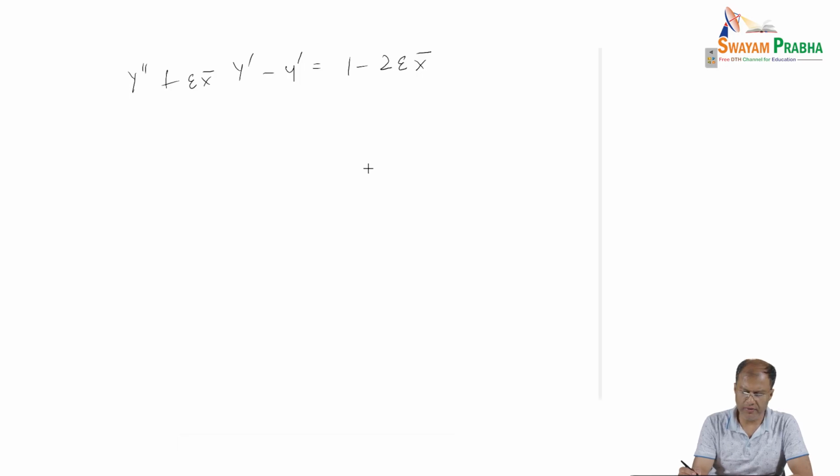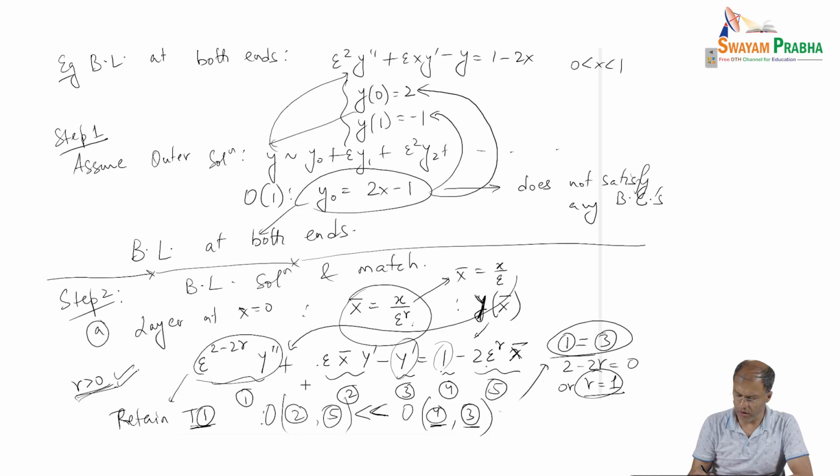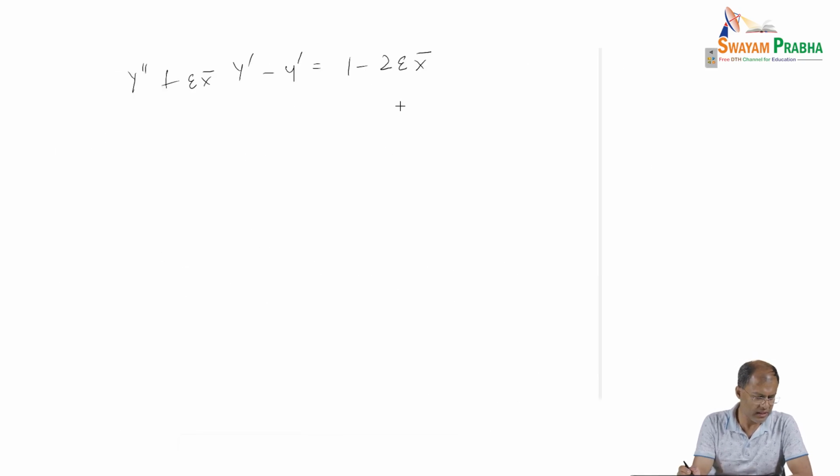So after plugging in the rescaled value of the variable, this is the equation. And now we can try and solve order 1.